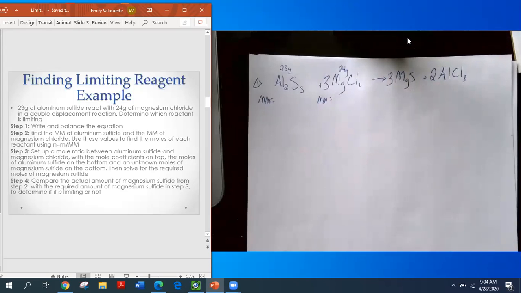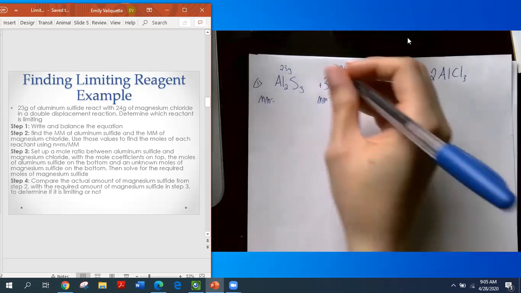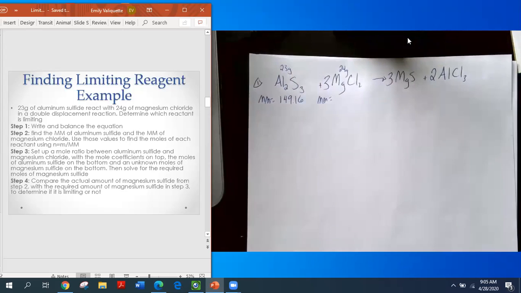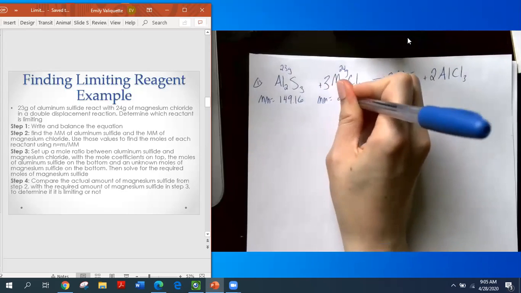So aluminum is 26.58, I'll times that by 2, and then I will add 3 times 32 for the sulfur and get 149.16. For the magnesium, I'll take my magnesium, which is 24.3, and add 2 times 35.45 for the chlorine and get 95.2.